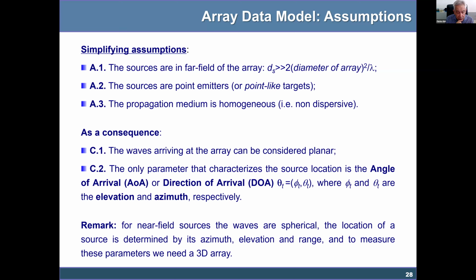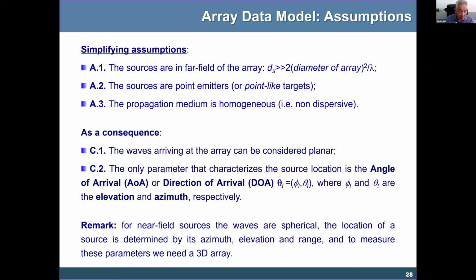The second consequence is that if the source is in the far field, we can estimate the direction of arrival, but in a passive scenario, we cannot estimate the range.